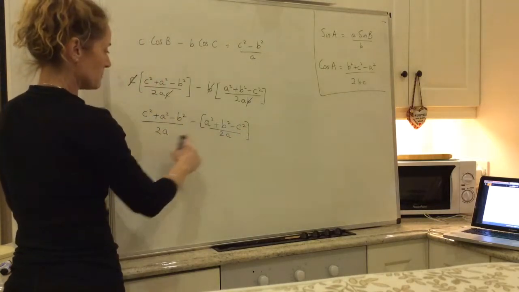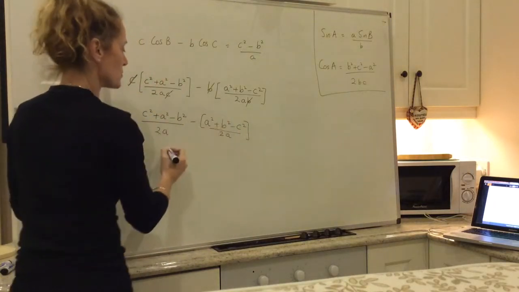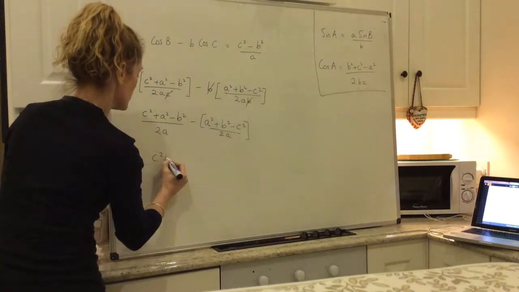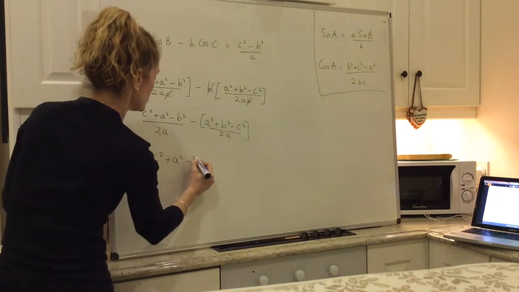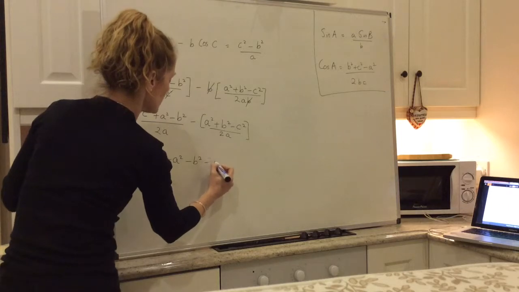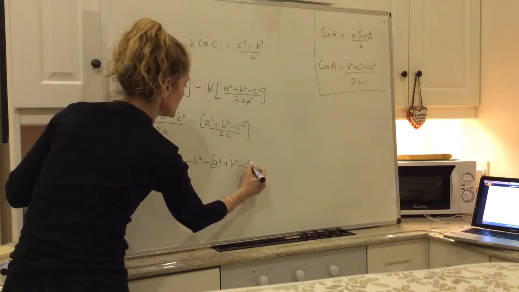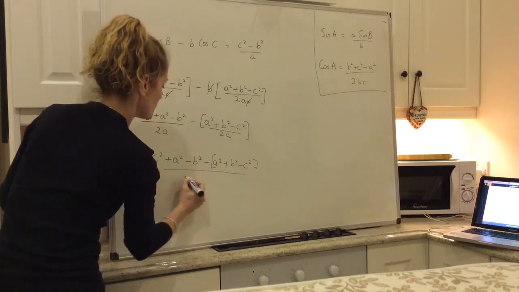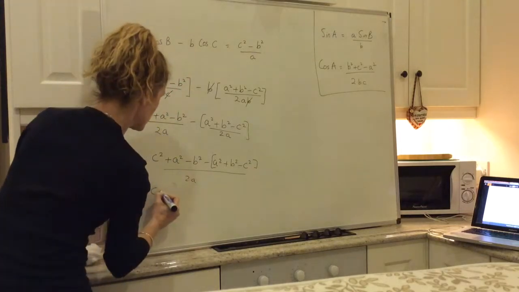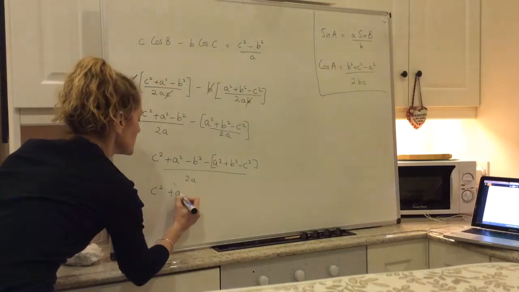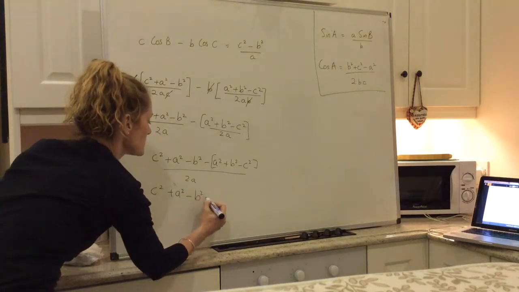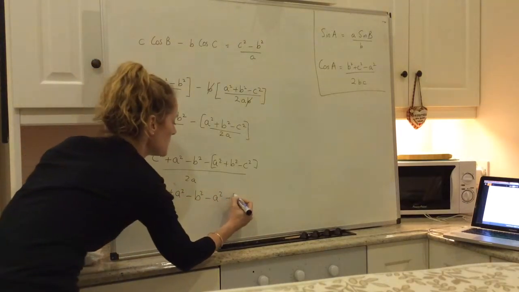Okay, so again, denominators are the same, so we can just subtract the tops. So we get c squared plus a squared minus b squared, take away a squared plus b squared minus c squared, over 2a. That gives us c squared plus a squared minus b squared minus a squared minus b squared plus c squared, all over 2a.